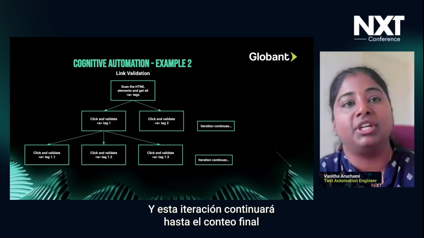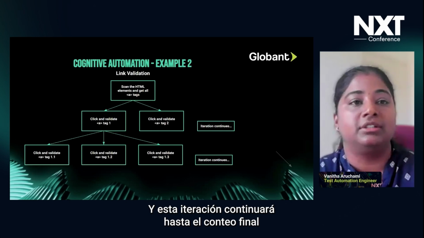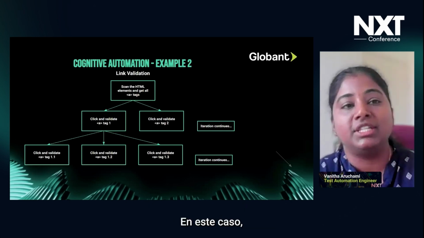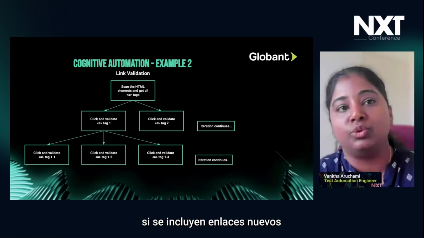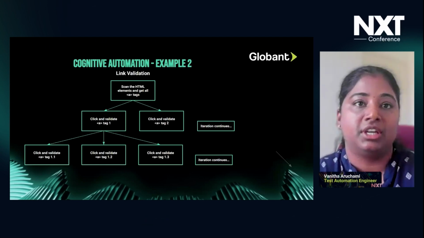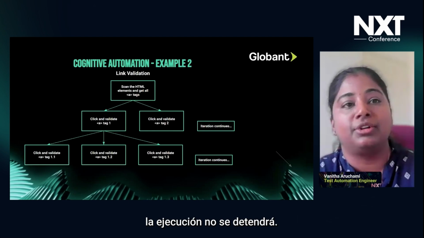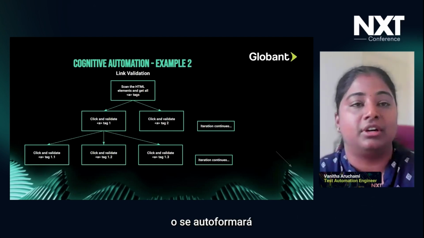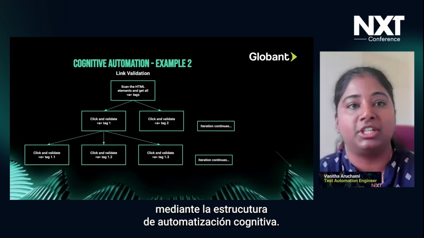This iteration will continue until the n count or a given count. So in this case, if any new links are included or any links are removed from a web page, the execution won't stop. It will be self-healed or self-formed by the cognitive automation framework.